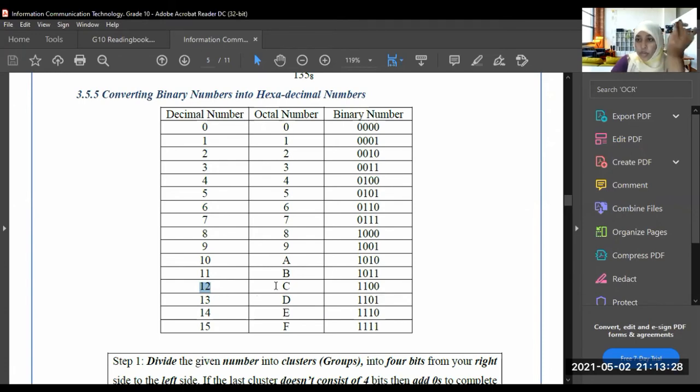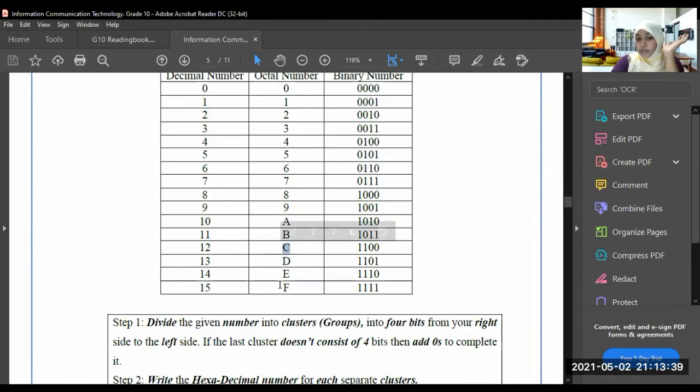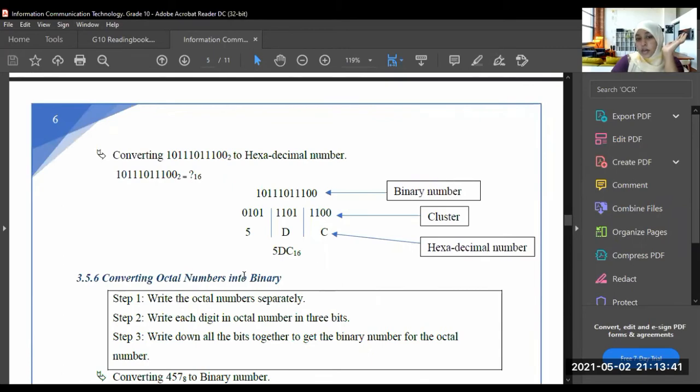But there is no 12 number in hexadecimal number. Understood? For that we should use the letter. Now understood? That's how this is obtained, right?